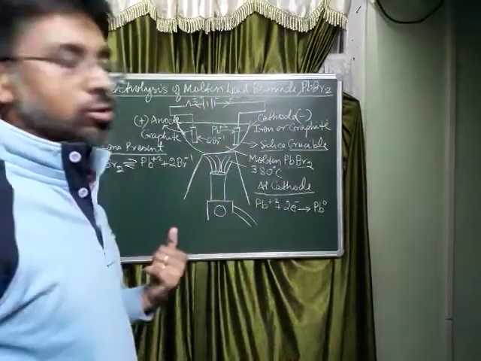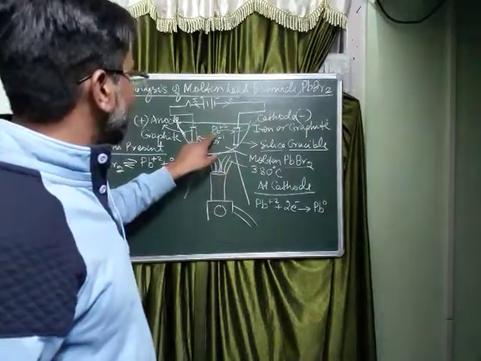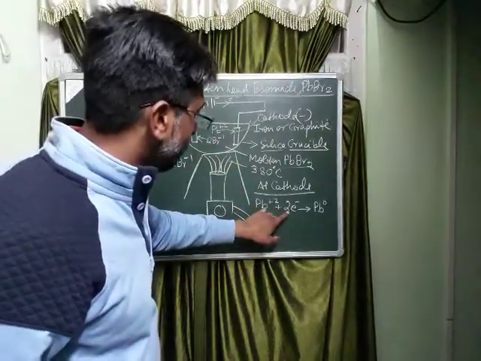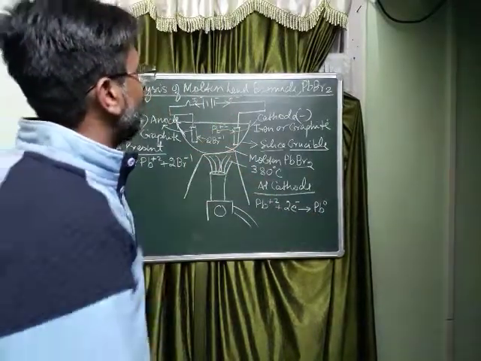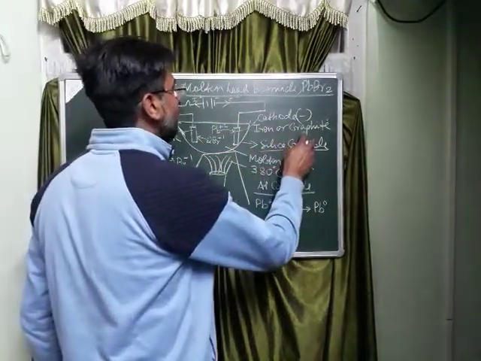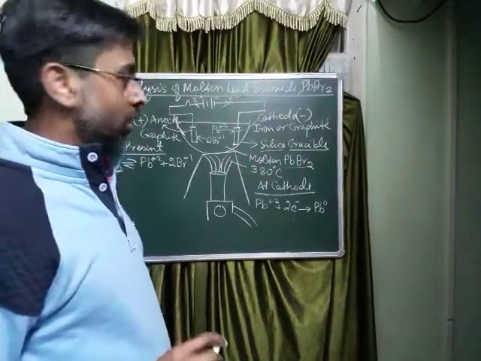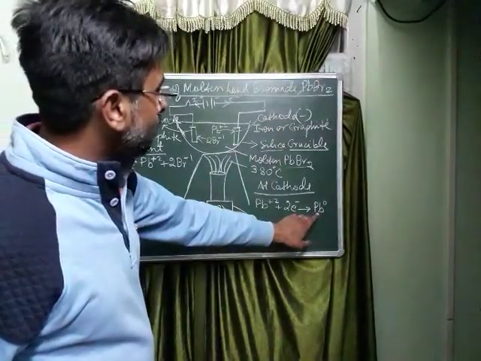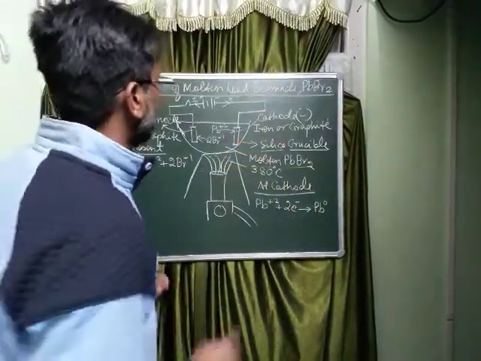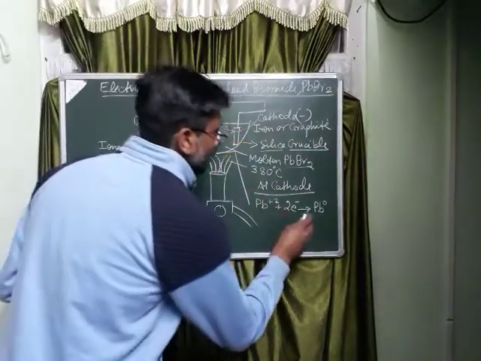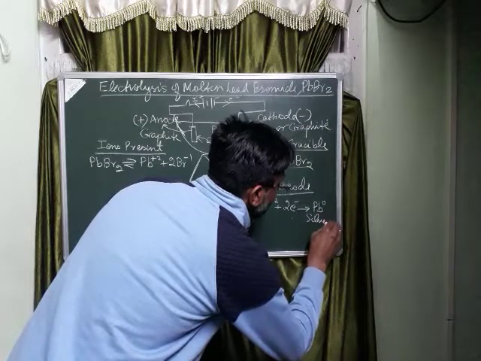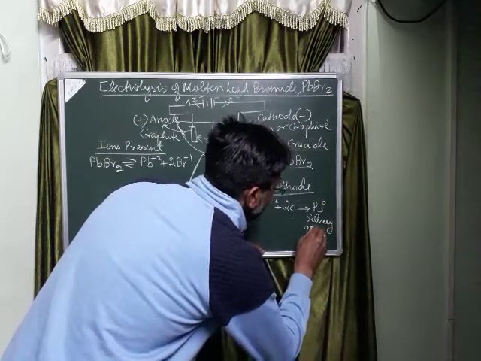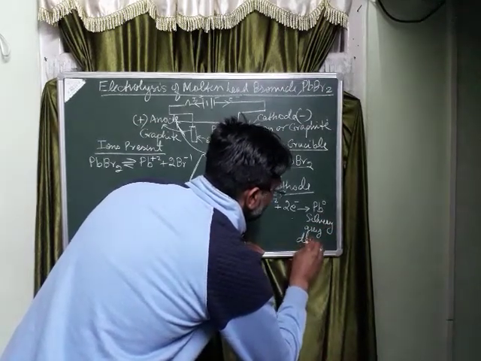Each lead ion takes up 2 electrons and forms a neutral lead metal atom and deposits on the iron or graphite cathode. When lead has deposited on the cathode, we can see it is a silvery grey deposit.